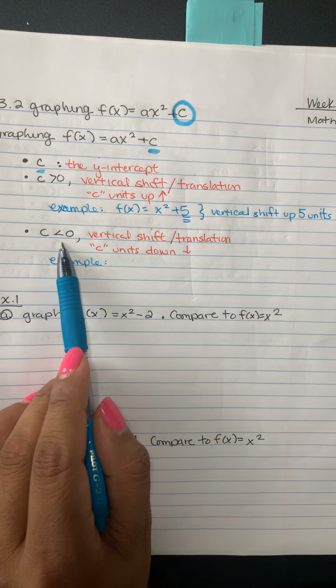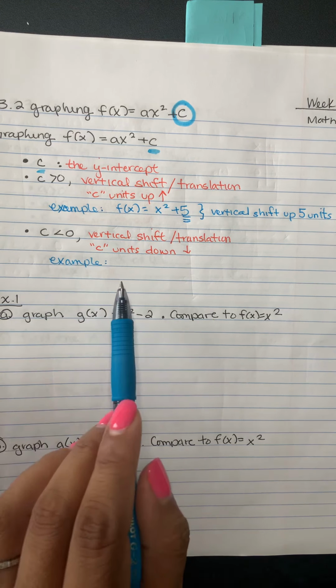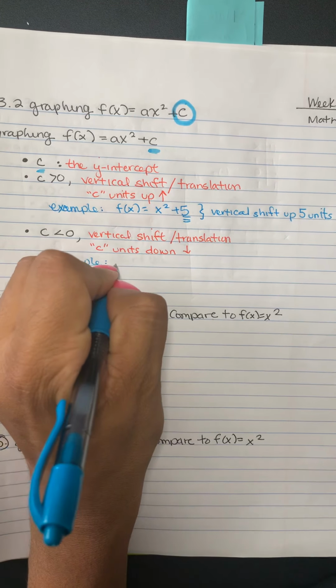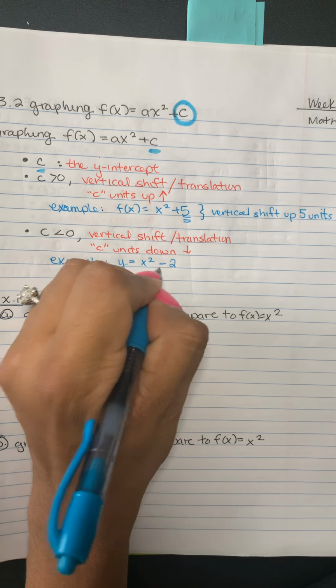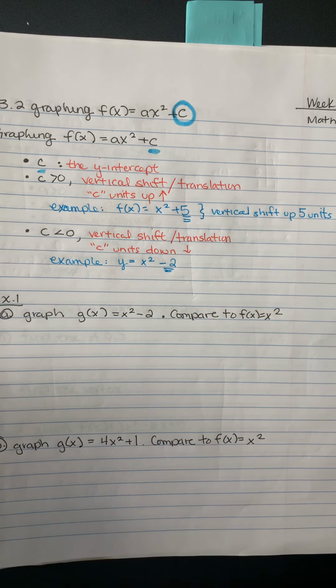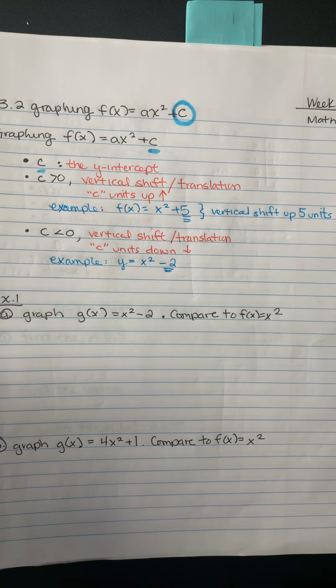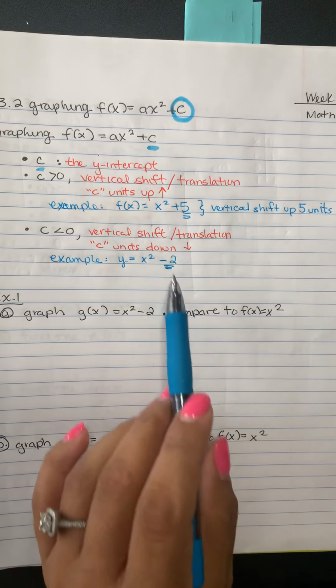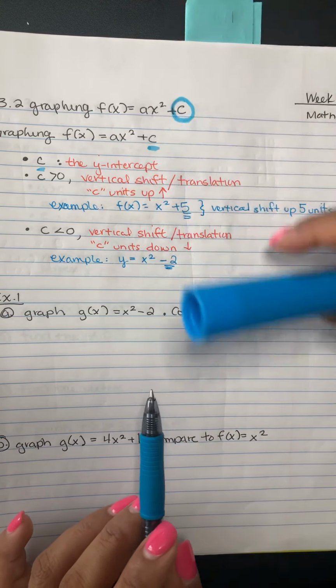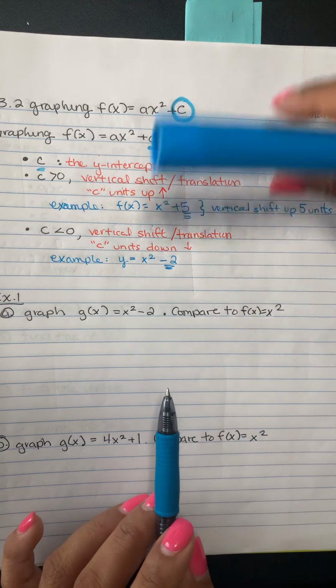Now, if c is less than 0, so let's say you have something like y equals x squared minus 2. So if it's less than 0, again, we have a vertical shift or translation 2 units down. So this tells us where it's moving up and down on the graph.